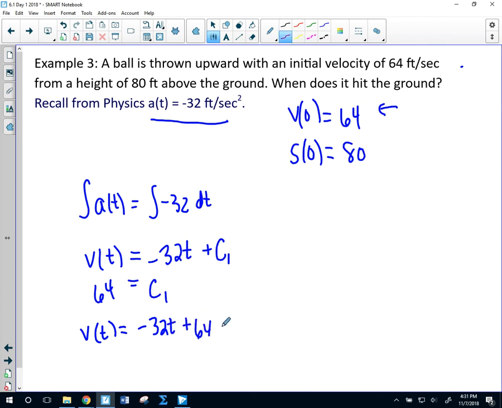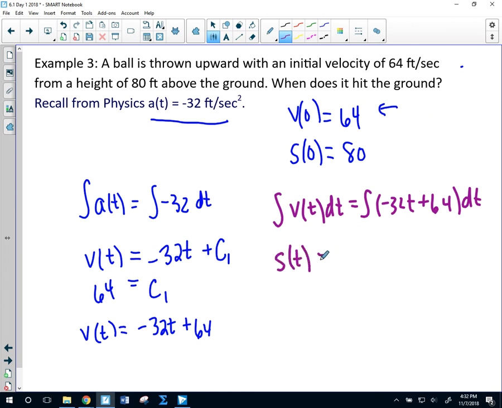Okay, so now I'm going to use that equation and use it to come up with the position. So we are going to find the antiderivative of the velocity, and we know that velocity is equal to negative 32t plus 64. dt goes here. All right, so the antiderivative of the velocity is the position, so s of t.